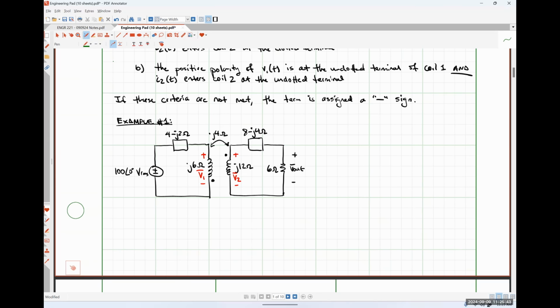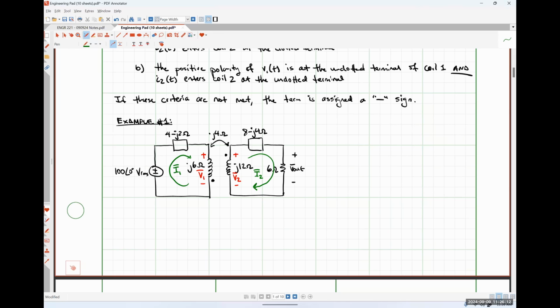And let's define what is effectively a mesh current. I know your minds are blown that I'm intentionally using mesh for something. So let's define a mesh current I1, and a mesh current I2, like so.